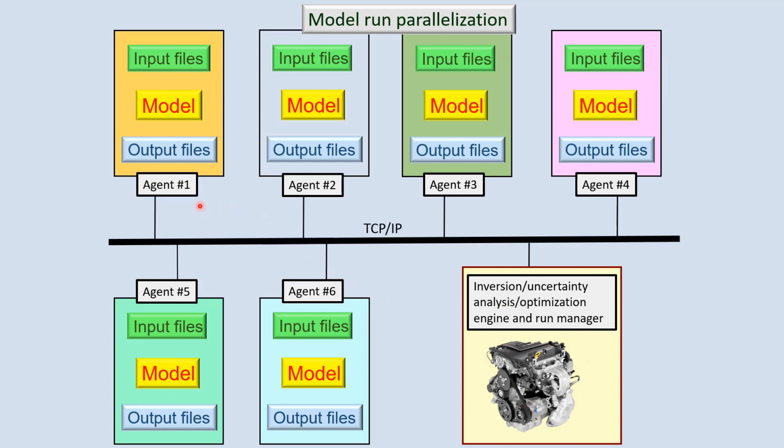These agents can reside on the same computer as the manager. They can reside on different computers in an office environment connected by a network. They can reside on other nodes of a high-performance computing cluster. They can reside on other virtual machines on a computing cloud. The principle of operation in each one of those contexts is exactly the same.